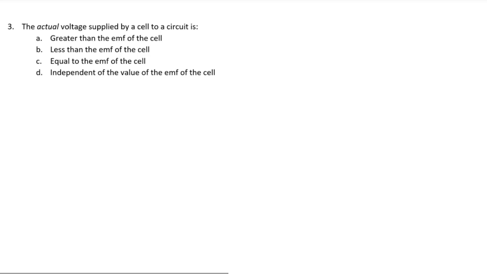Remembering that voltage is equal to current multiplied by resistance according to Ohm's law, then the voltage drop due to the wire is equal to the current through the wire multiplied by the internal resistance of the wire, the resistance associated with the wire itself. Therefore, the actual voltage supplied by a cell to a circuit, V, is going to be less than the voltage associated with the cell itself. Therefore, the correct answer to this question is going to be option B.